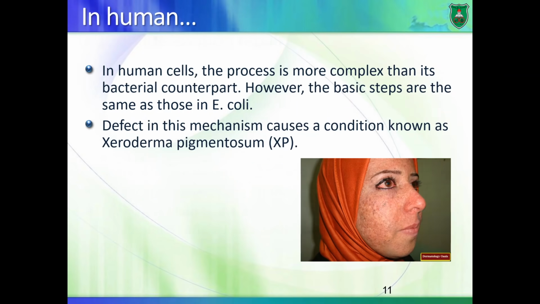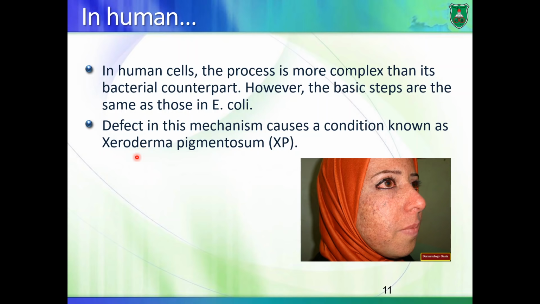Okay. Now in humans, the same mechanism also exists. So we do have a nucleotide excision repair pathway. We do have a similar mechanism. And this mechanism was identified probably in the late 1960s in people who have a condition known as xeroderma pigmentosum.